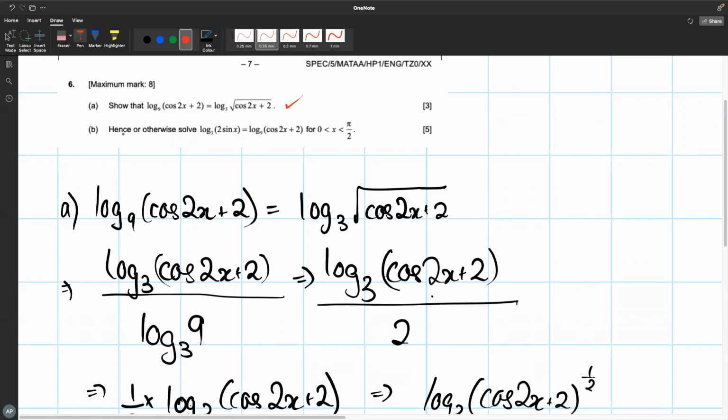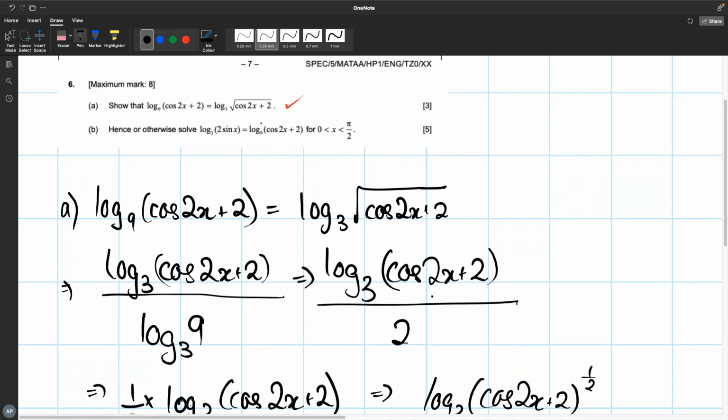Now, because it does say hence, we know that this is a follow-on from the previous question, and we must use something from the previous part to help us solve. Now we have log base 9 of cosine 2x plus 2, which we just proved as log base 3 square root of cosine 2x plus 2. So let's equate log base 3 of 2 sine x to this instead of log base 9.